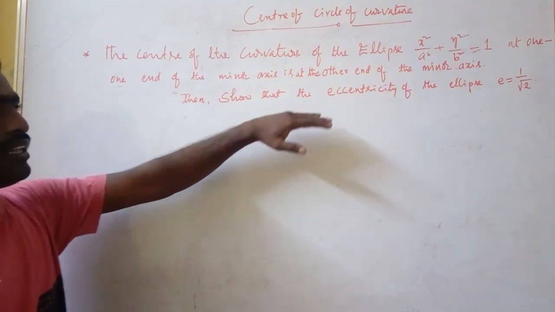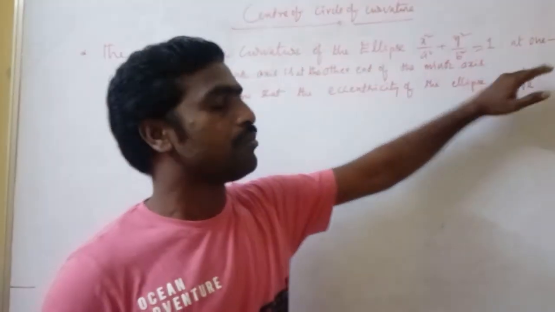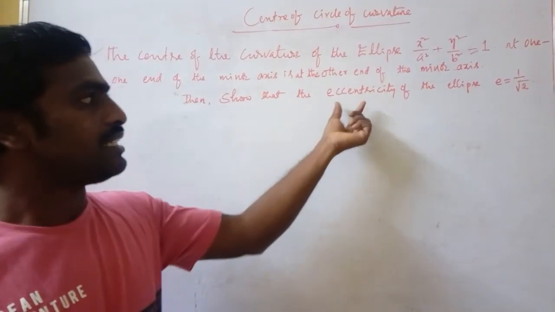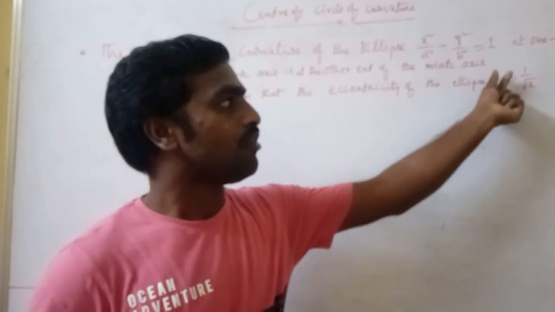Then show that the eccentricity of the ellipse is equal to 1 by root 2.